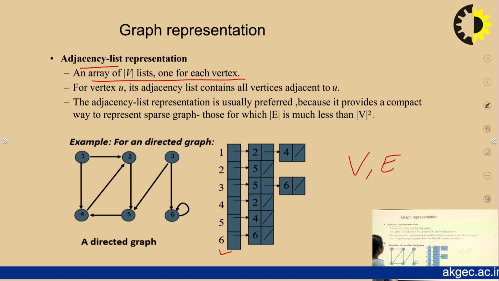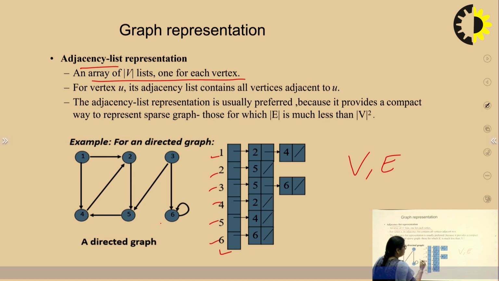If I see this particular example, how many vertices are there? 6. 1, 2, 3, 4, 5, 6 vertices are there, and we have these edges. The first set is the set of vertices, so we maintain an array of 6 vertices, 1, 2, 3, 4, 5 and 6.